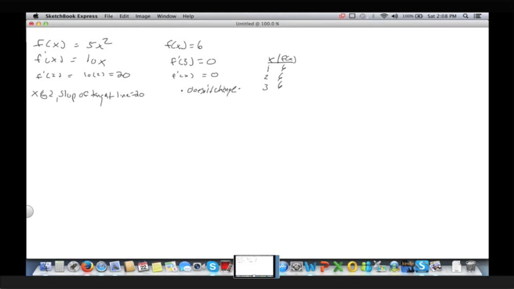So let's try then f of x equals cube root of x. And let's try to find f prime of 2.